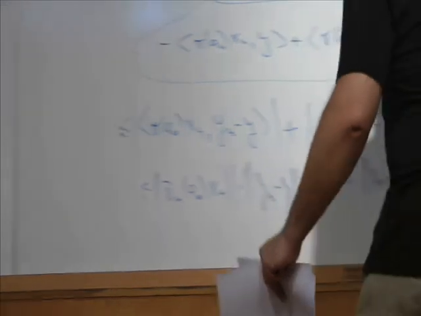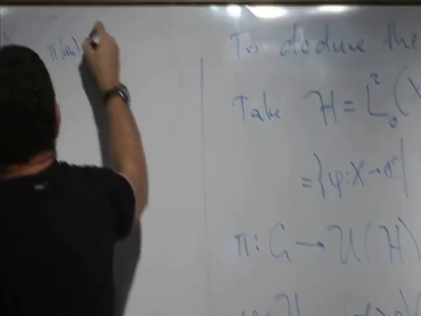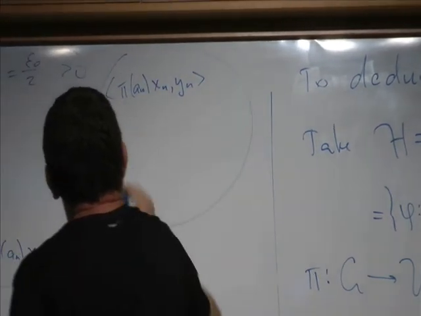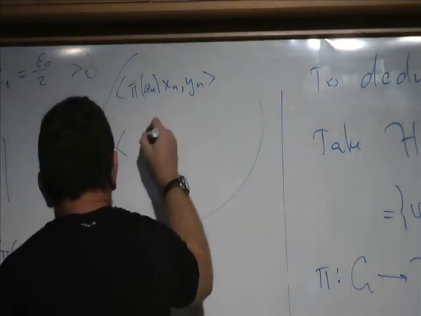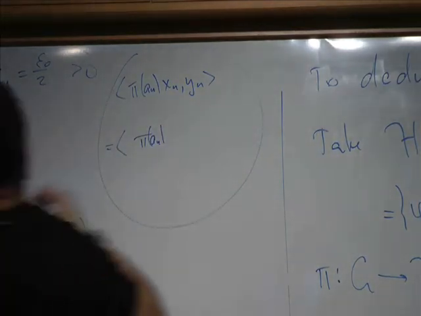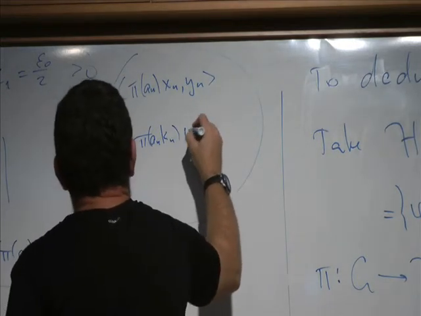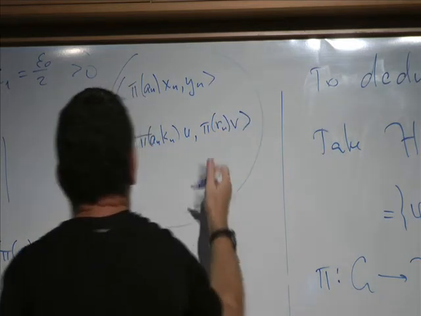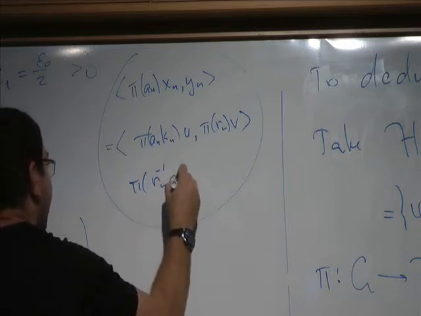And to finish this bubble, if you are looking at this pi an xn and yn, what is that? Well, you remember xn was kn u, and this guy is rn v, and you can move this around, and you have that.